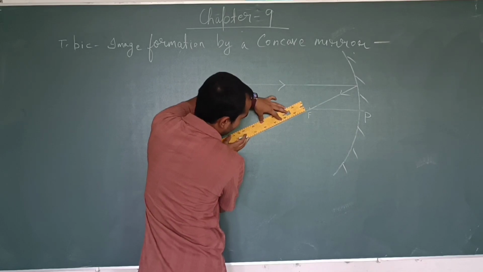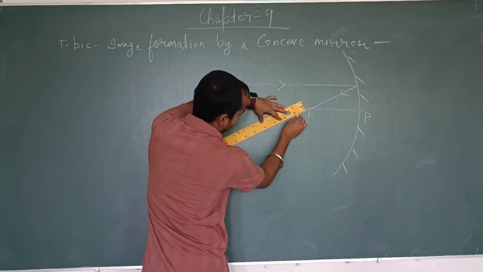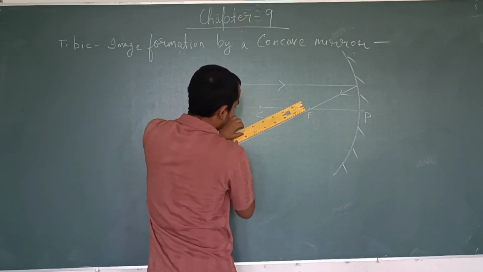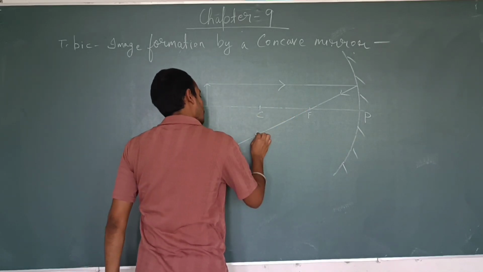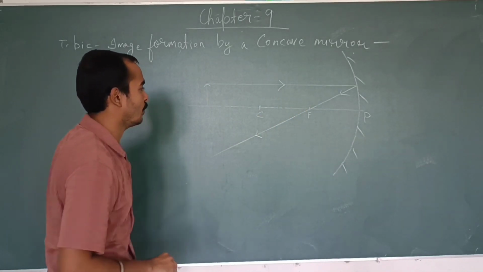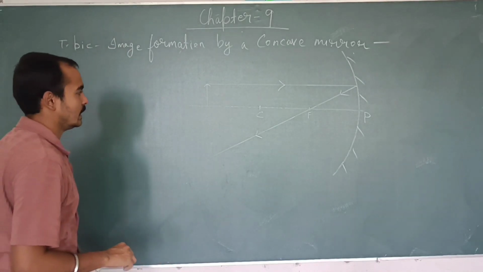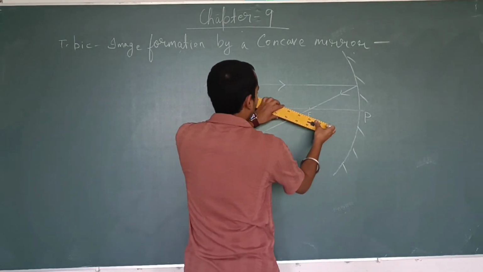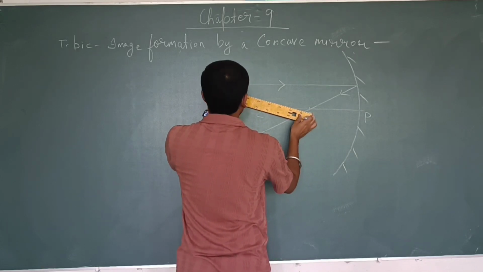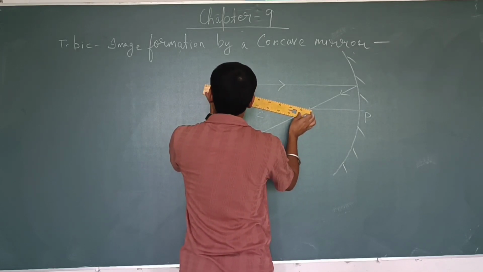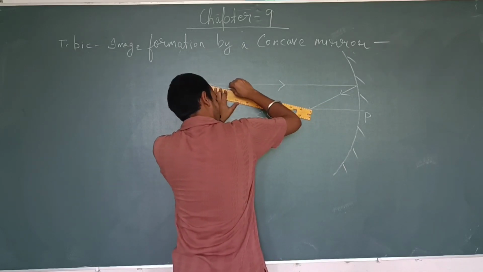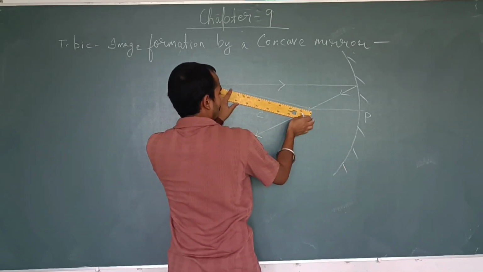We can also extend this line as our scale is not that much bigger. So we can do like this. And this is the reflected light. Now, in the second case we have seen that if it goes through the focus, suppose here the focus is, just check it is in the line, and we can draw like this.